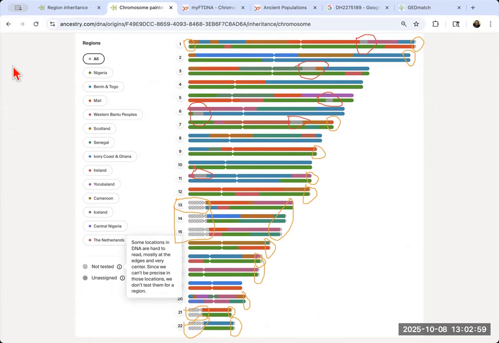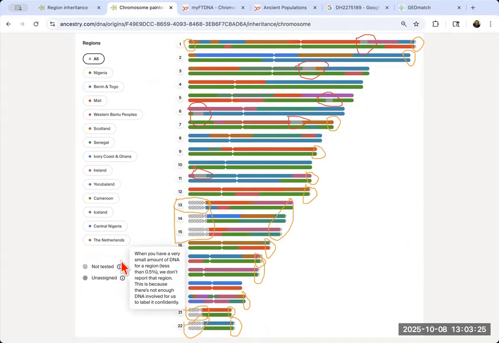Okay, so now what does Ancestry say about the red marks for the chromosomes that you see on the screen? It says when you have a very small amount of DNA for a region, less than 0.5%, we don't report that region. So first it was you don't test the region. Now it is you don't report that region.